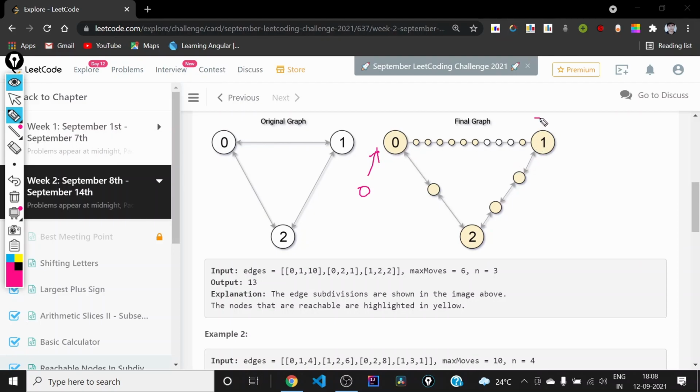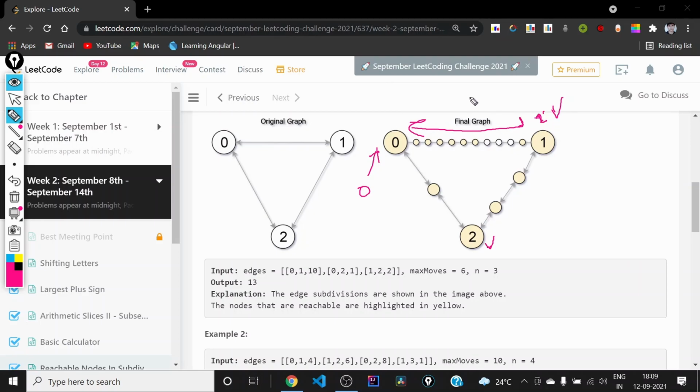So first of all we will be finding the minimum distance of the nodes from this node 0, and for doing that, we will use this count of nodes present between these two nodes, add 1 to it, and use it as the distance between these two nodes.